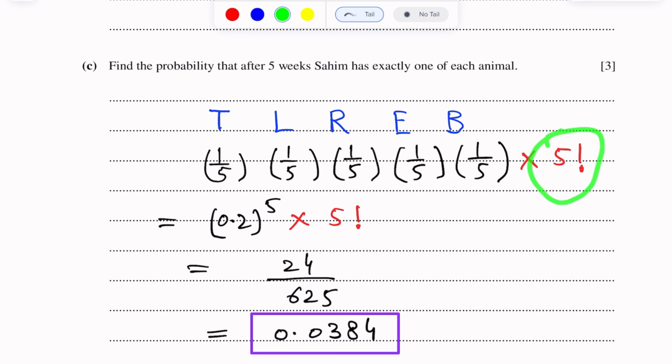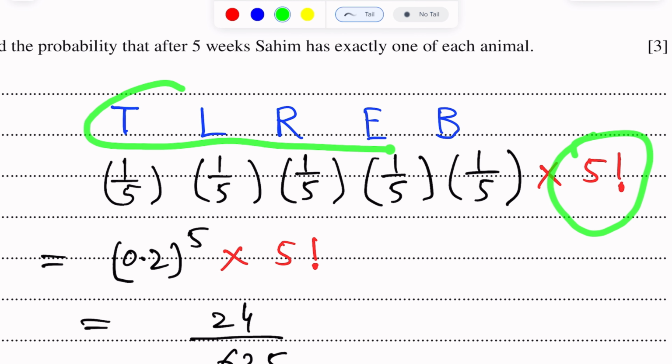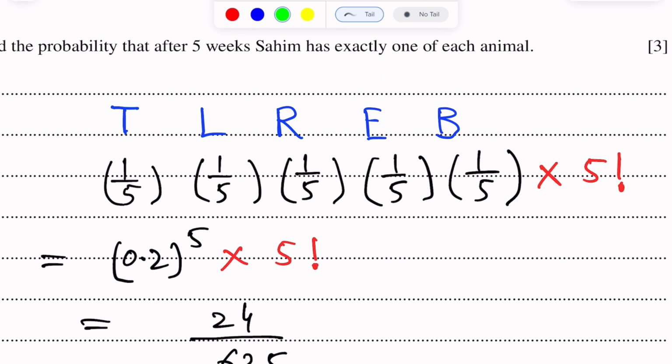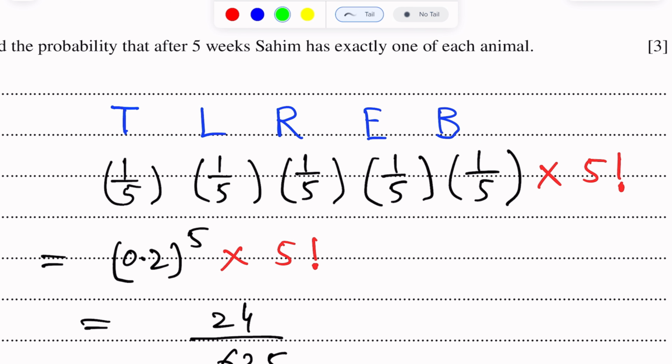In this question, 5 factorial is the number of ways in which we can arrange these five different animals. Like this is the first arrangement. Second arrangement can be T, R, L, E, B, and so on.